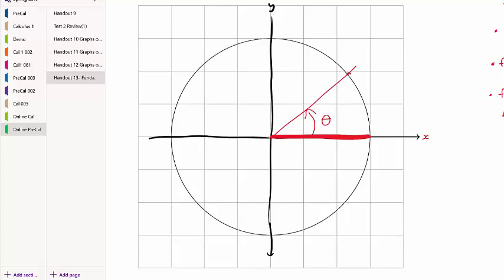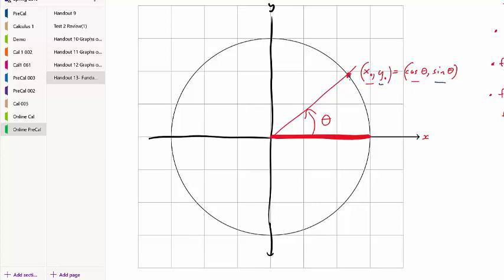And remember, our cosine and sine values correlate with our x and y values on the unit circle. And so this is cosine theta and sine theta. Right, x naught is cosine theta, and then y naught is sine theta.